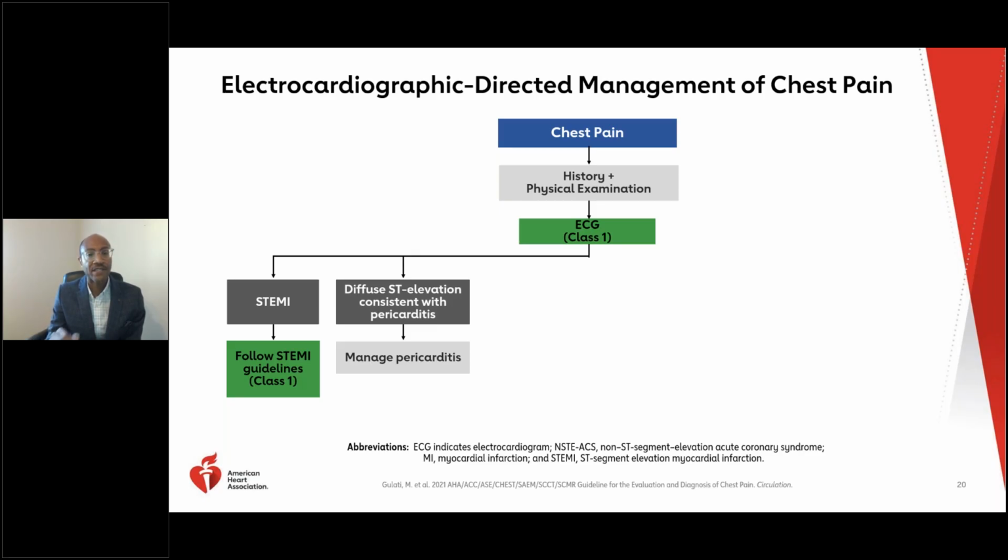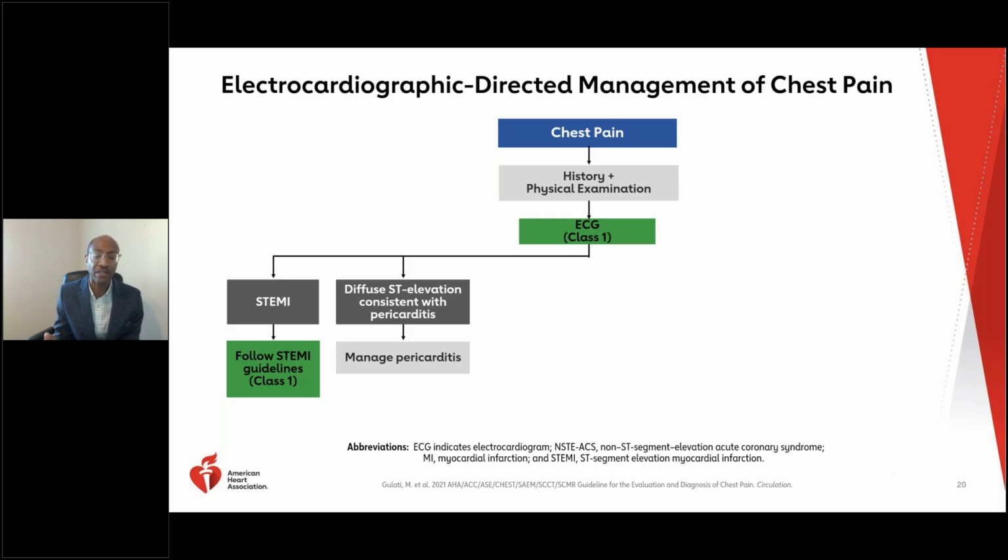In a decent subset of patients, particularly those presenting with febrile illness, coughs, pleuritic chest pain, pain that may improve upon leaning forward and worsen when supine or on their back, and with an ECG that is suggestive of diffuse ST segment elevations consistent with pericarditis, the ECG, again, can really guide the management of this chest pain syndrome.